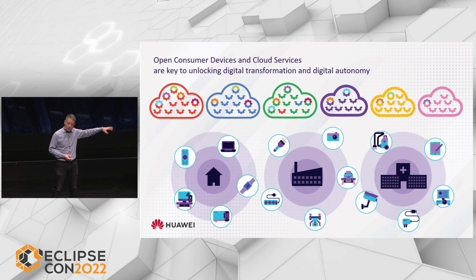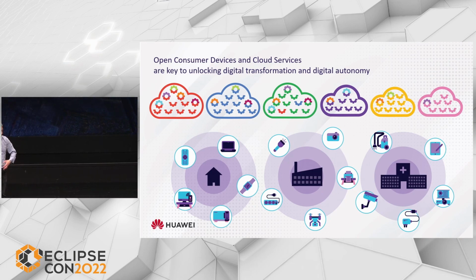Whether you're looking at the device that you carry with you or that you live with, or you're looking at the other end of the spectrum in terms of your cloud computing capabilities. Doing things in open source, doing things under open governance with the Eclipse Foundation, we think is a fantastic way to innovate, to build these technologies, but to do so in a way that everyone is in control of their own destinies and of their own futures.